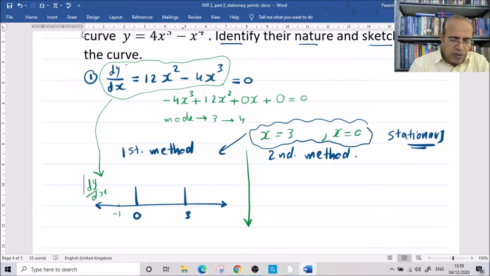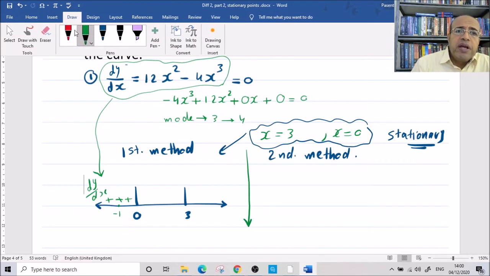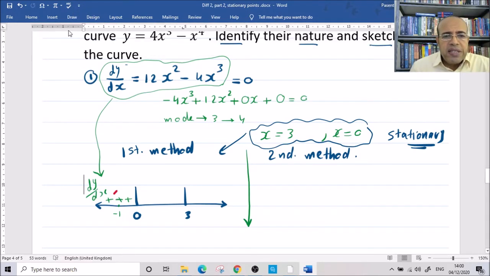So 12 bracket -1 to the power 2 minus 4 bracket -1 to the power 3. It is positive. So in that interval, dy by dx is positive. It means that the function is increasing, going up.